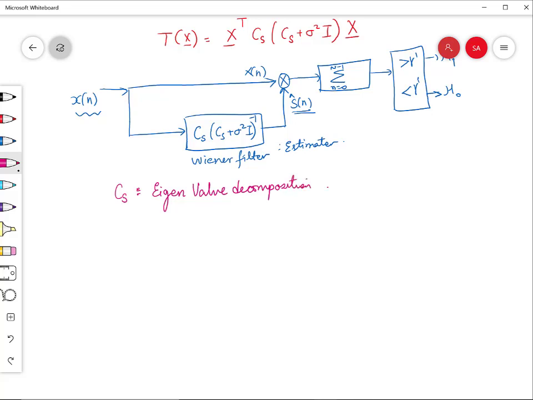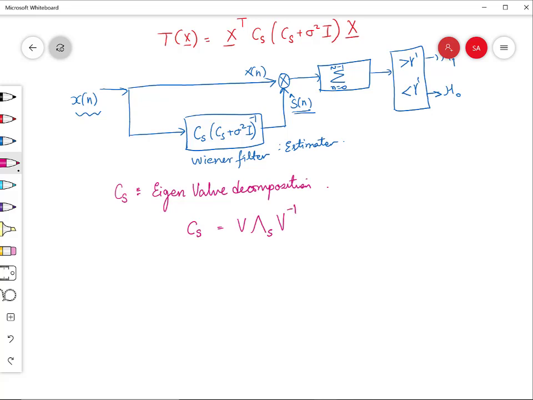What I mean to say is that I can write Cs equal to V lambda S V inverse.